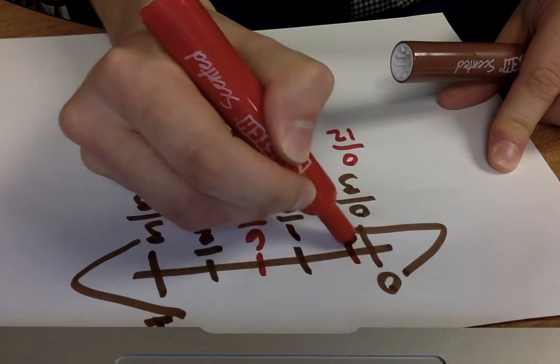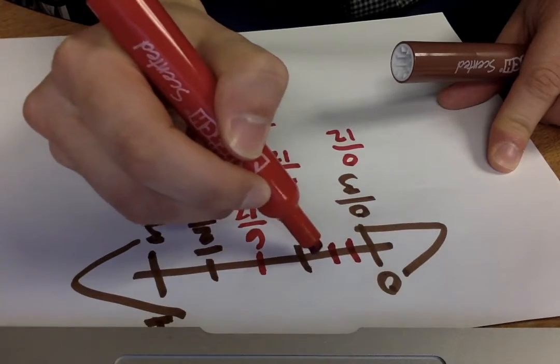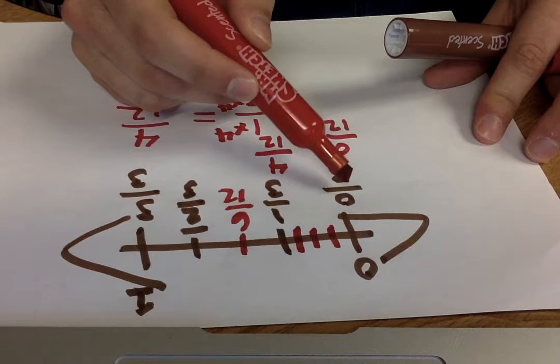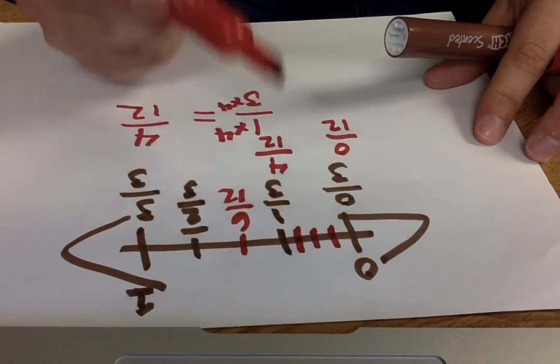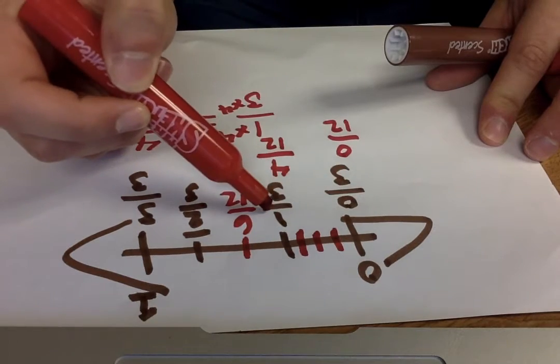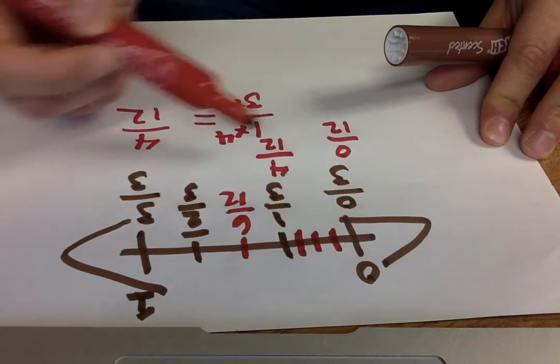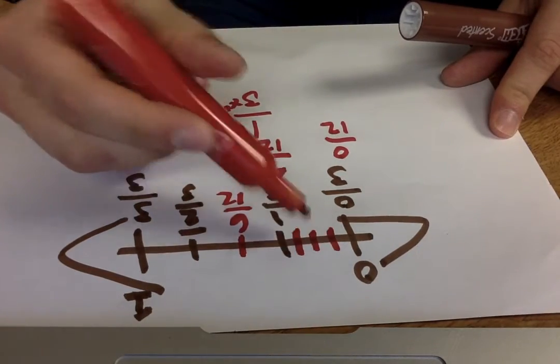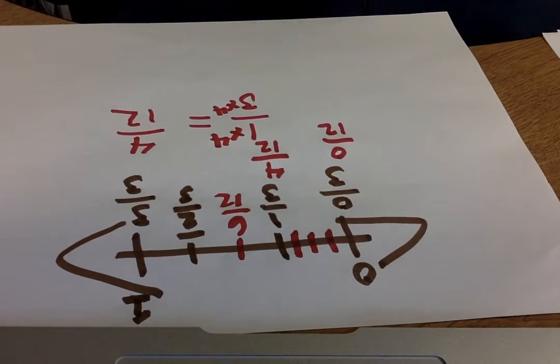And I'm going to need 1/12, 2/12, 3/12. And I fit 3 tick marks in between my 0/3 and 1/3. So I've broken it apart. It's the same jump from 0/3 to 1/3 as it is from 0/12 to 4/12. It's the same space. It's just broken up into smaller units.